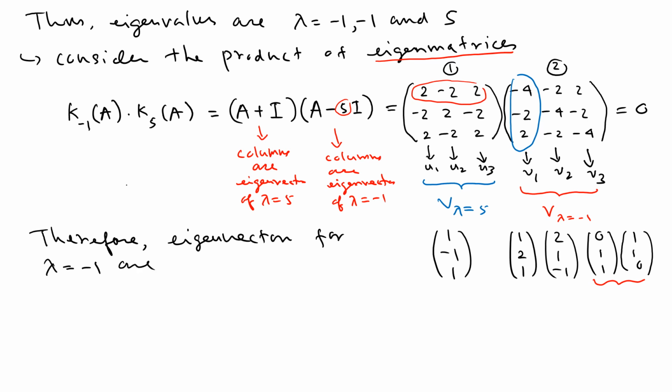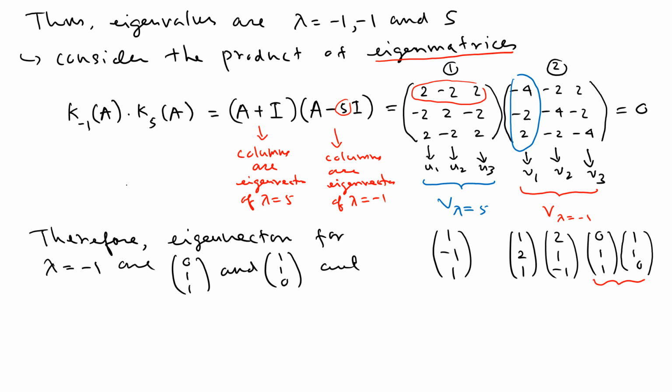So you can say 0, 1, 1 and 1, 1, 0, or any other two. If you don't like these two, that's fine. Pick two. Any non-zero multiple of an eigenvector is still an eigenvector.